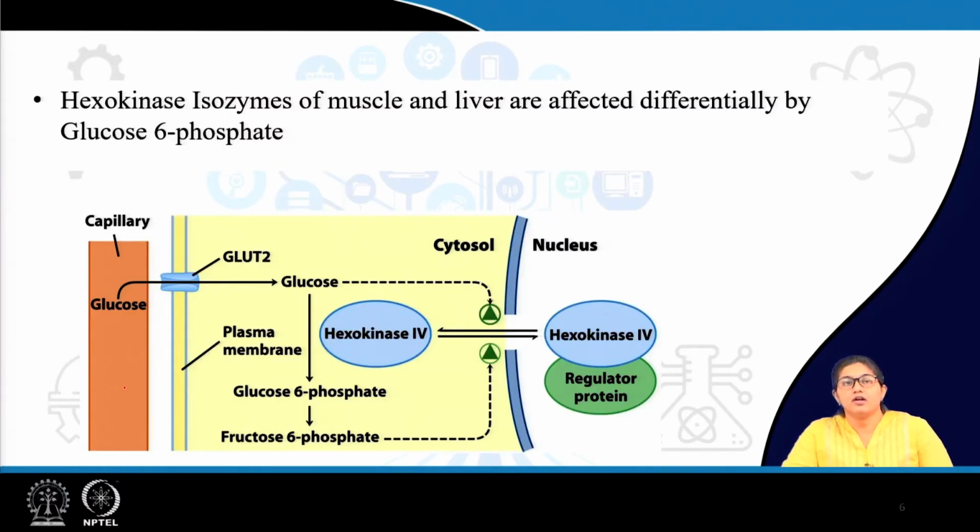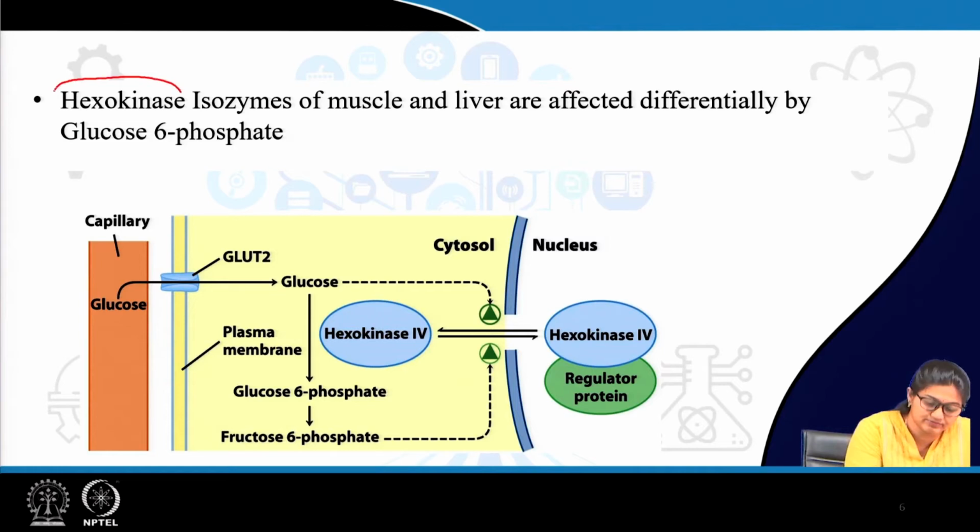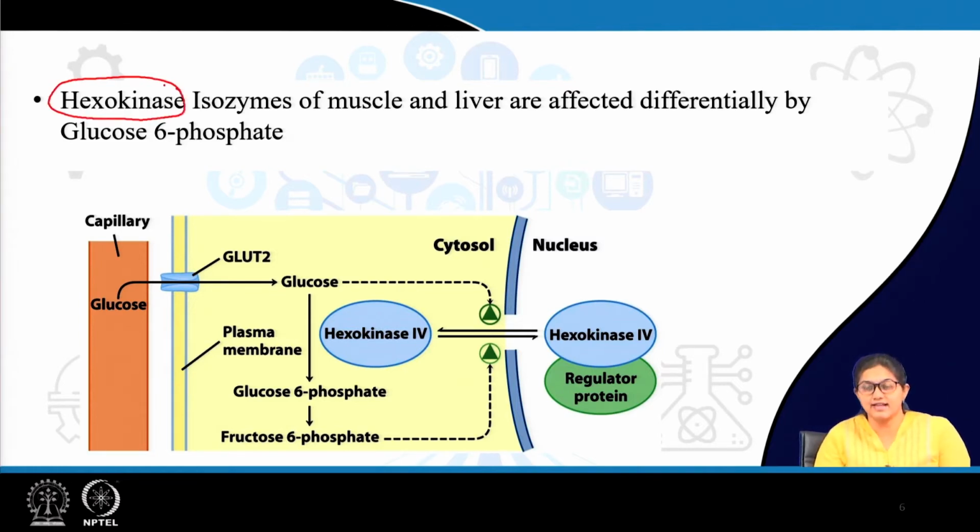Now, in glycolysis, one important enzyme is hexokinase. The hexokinase enzyme has 4 different isoforms, from isoform 1, 2, 3 and 4.